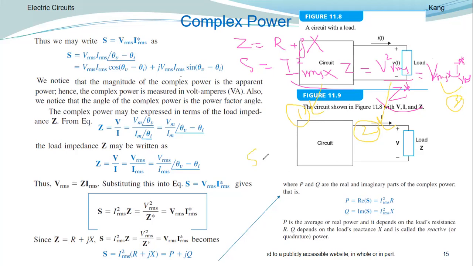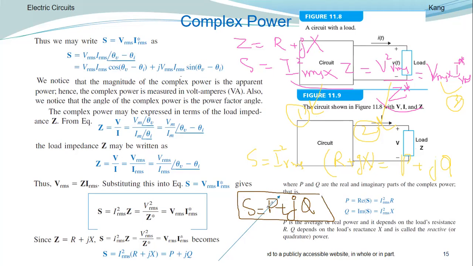So S equals I square RMS into the real part plus J, which is the complex value, generally known as iota value, so J equals P plus JQ. My final value will be S equals P plus JQ.